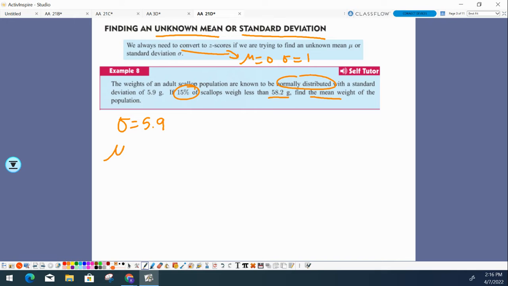All right, so we don't know the mean weight, but we do know our area is 15% or 0.15, and we know x, a specific scallop we're looking for at 58.2.